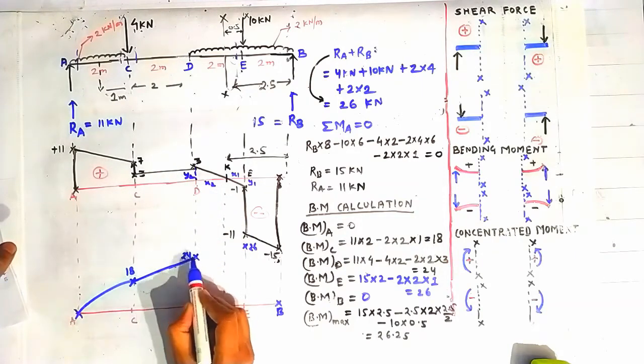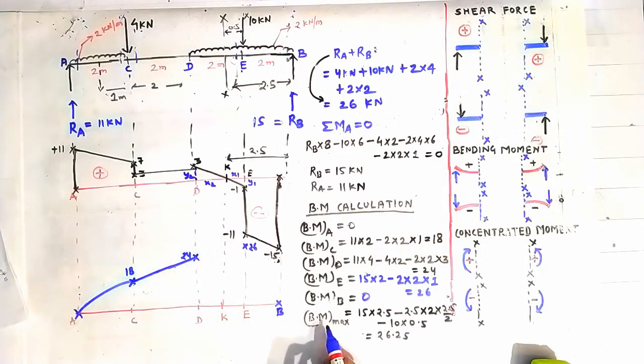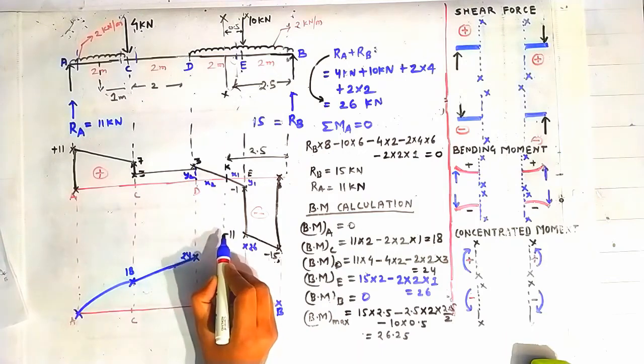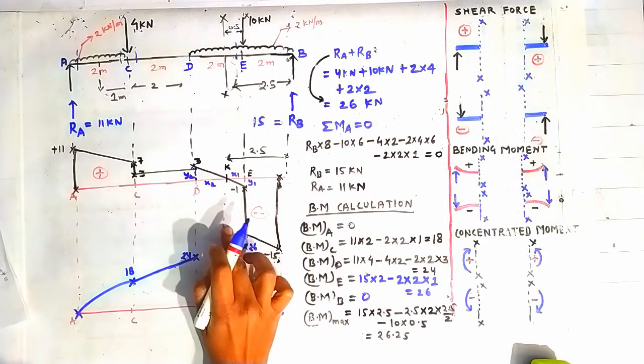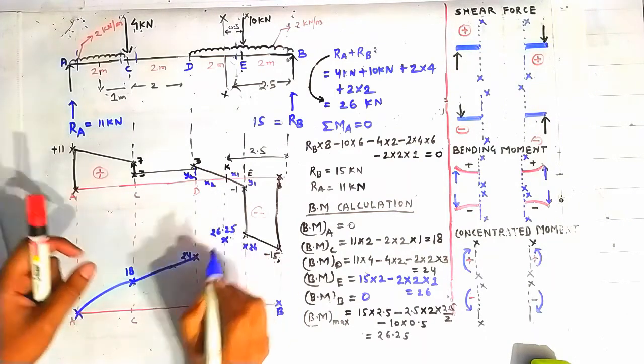Joining the third point with the fourth point, but before that we have to also plot the maximum bending moment. The maximum bending moment will lie at this point K, so I plot it here as 26.25.